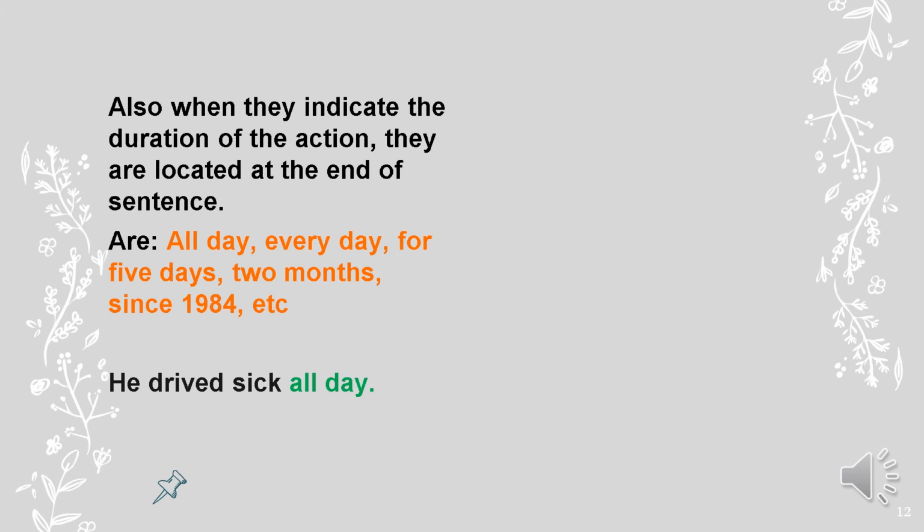Also, when they indicate the duration of the action, they are located at the end of the sentence. The words are all day, every day, for 5 days, 2 months, since 1984, etc. For example, he drives sick all day.